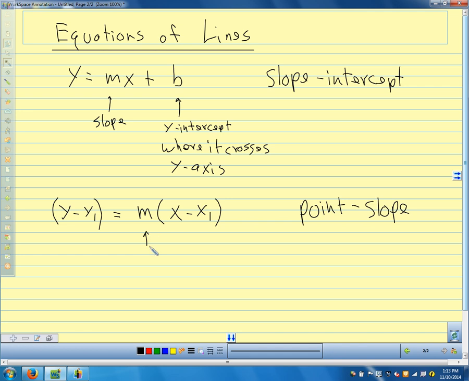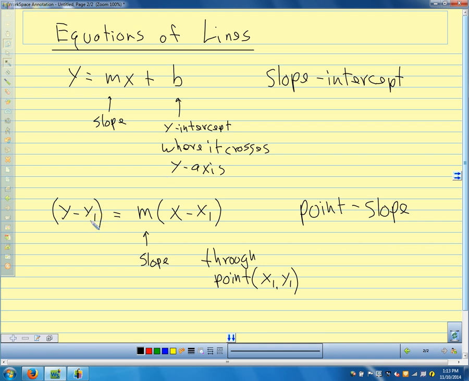Because m is what for our line? Slope. And this one goes through the point x1, y1. So that's why we call this one point slope. We know the slope, and it goes through the point x1, y1.